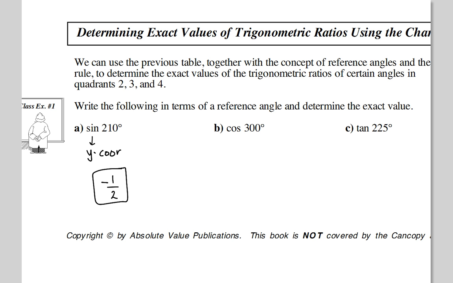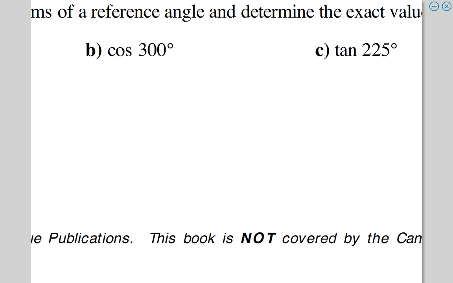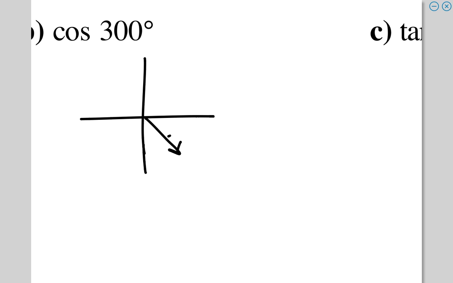That's it, if you have the unit circle memorized. Let's do it if you didn't have it memorized. 300. What's the reference angle for 300? Well, 300 is down here somewhere, so the reference angle would be 60.